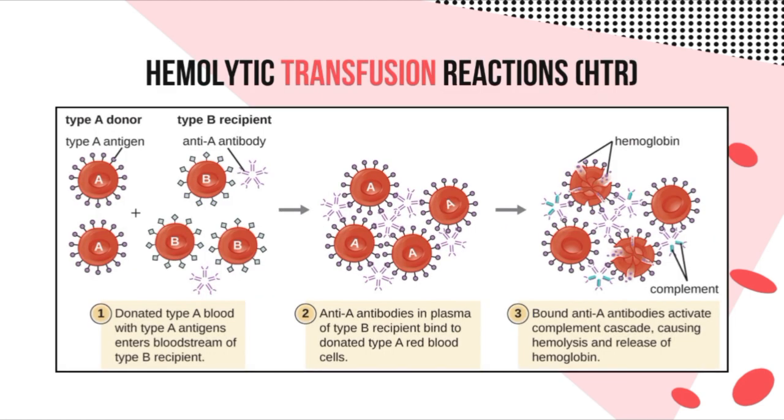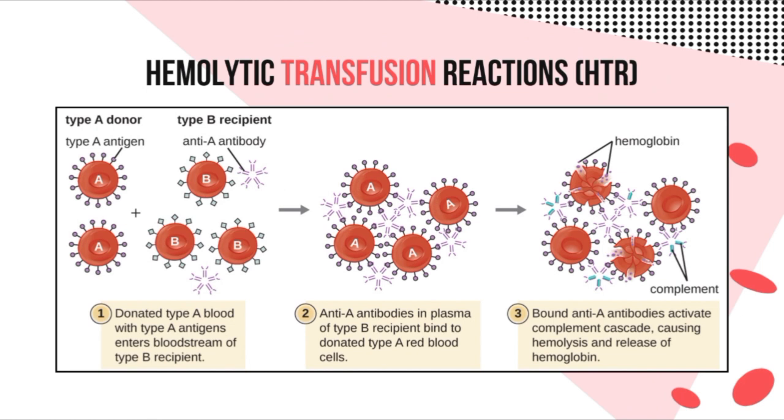So, as I mentioned earlier, one of the examples of type 2 hypersensitivities is the hemolytic transfusion reactions, or HTR. This disease happens when a blood recipient receives blood that is incompatible with his or her own blood type.